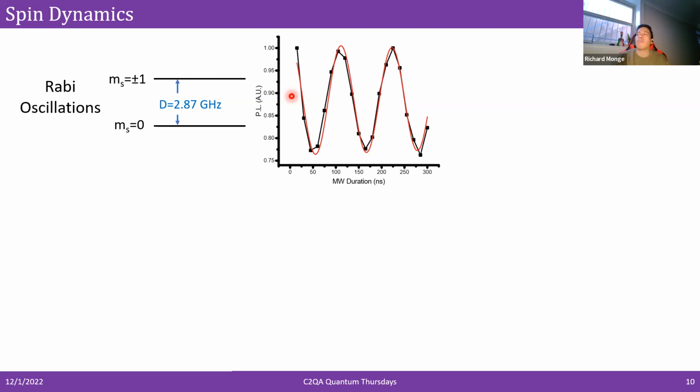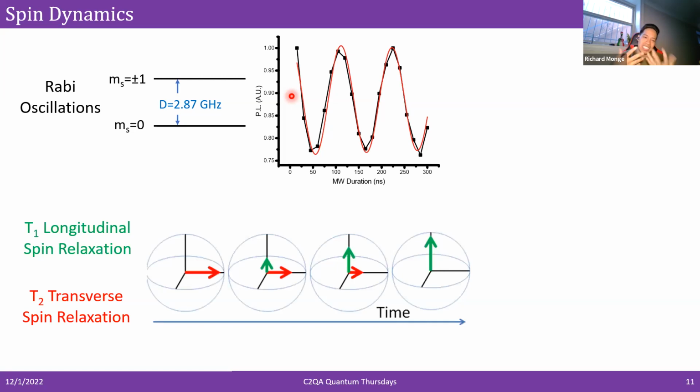In addition, we can monitor its longitudinal and transverse spin relaxation times. This is known as the T1 and the T2. When I think of the T1 and T2, I think of MRI imaging. So the T1, the longitudinal spin relaxation time of the NV center, and the T2, the transverse spin relaxation time, can be obtained.